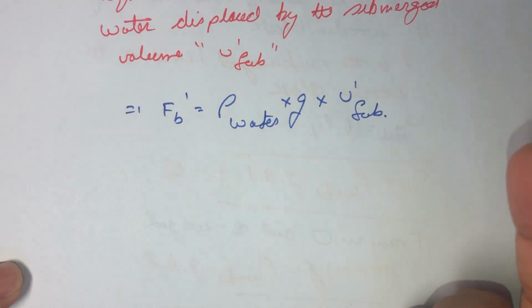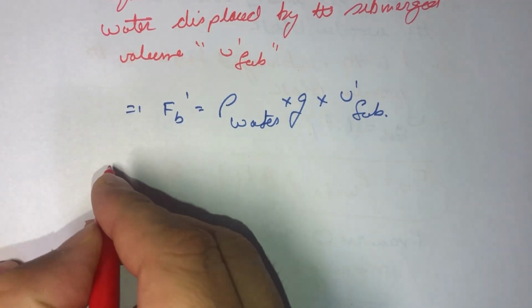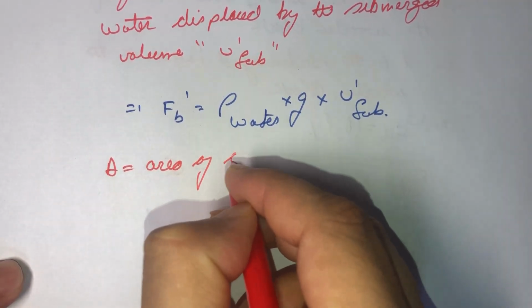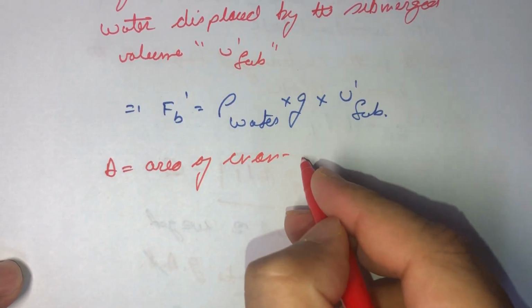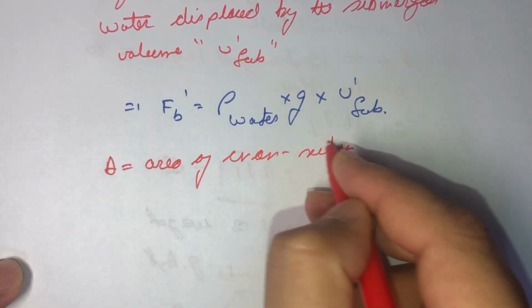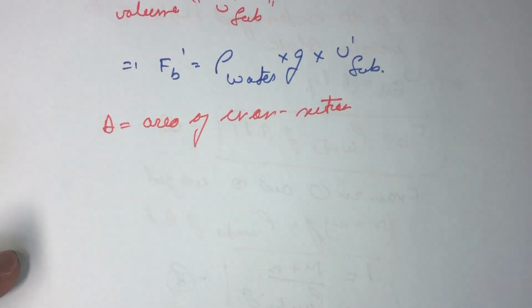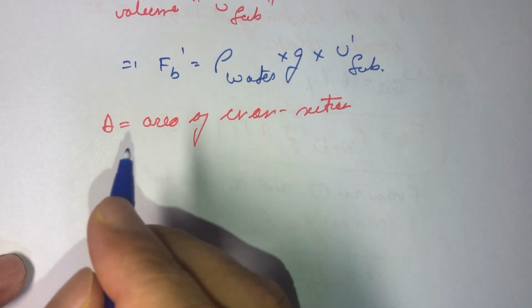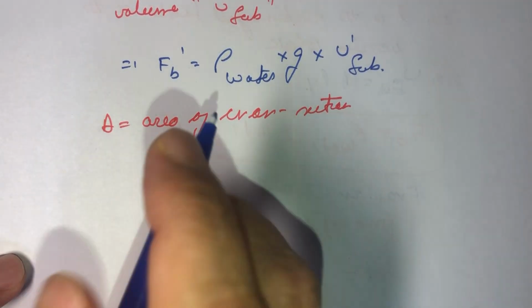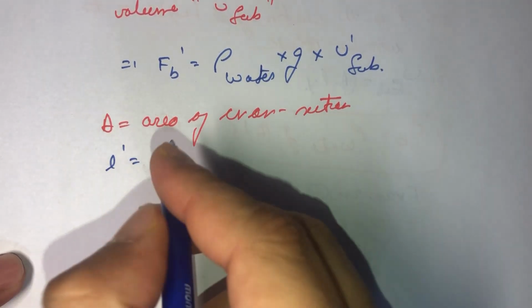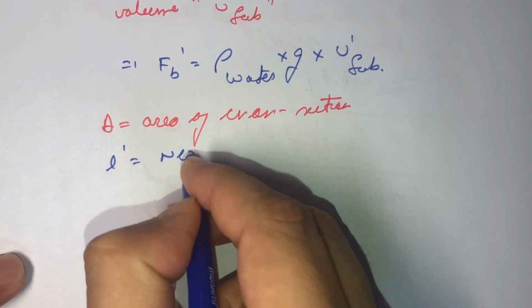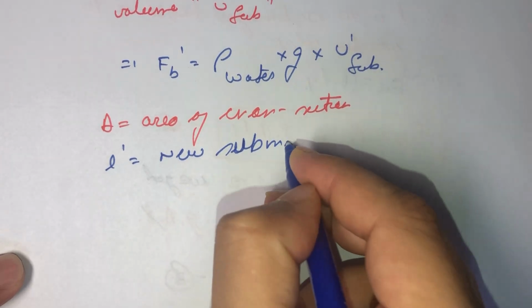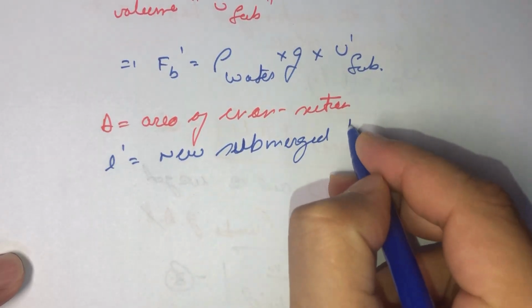Now area of cross section once again will be A. Let me write it: A is area of cross section, and we assume that the height which is submerged now when the coin falls is L prime. So L prime is the new submerged height.